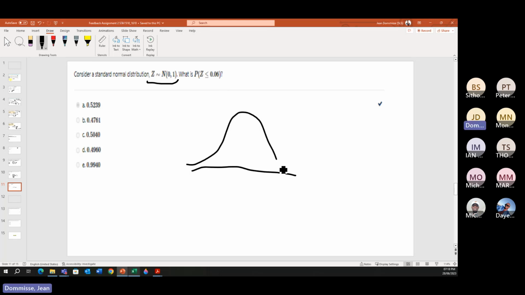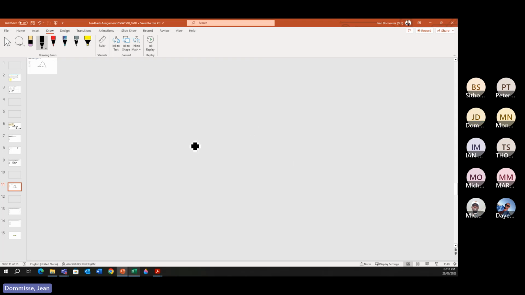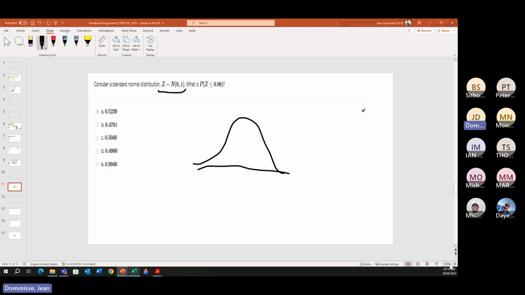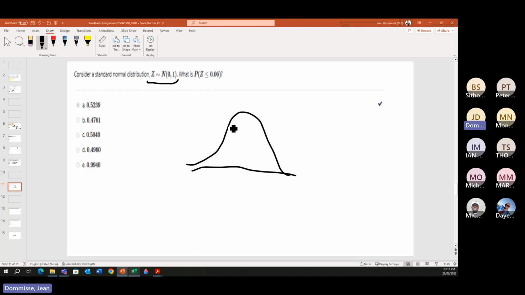Then if we need to work out what the Z is, remember that the mean of 0 is 0.5.